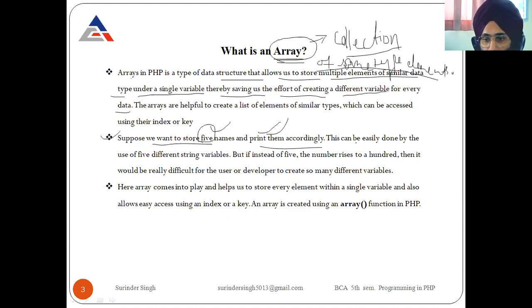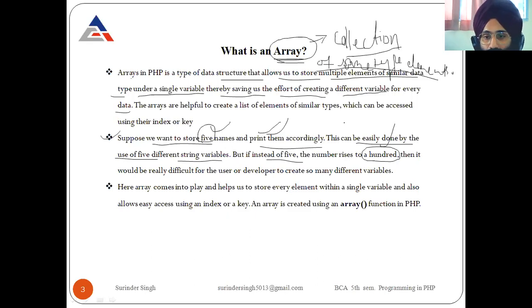This can be easily done by the use of 5 different string variables. But if instead of 5 the number rises to 100, if there are 100 persons and you have to enter 100 names and then print 100 names, this is an inefficient way if you are using 100 variables.